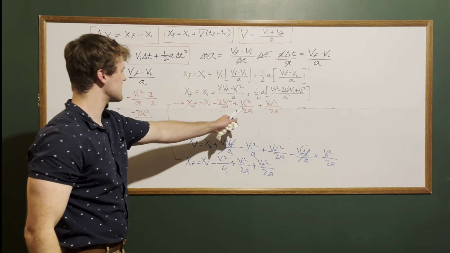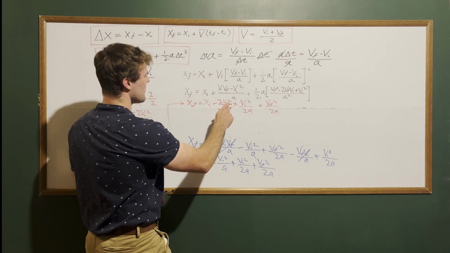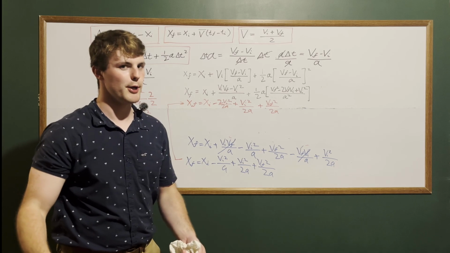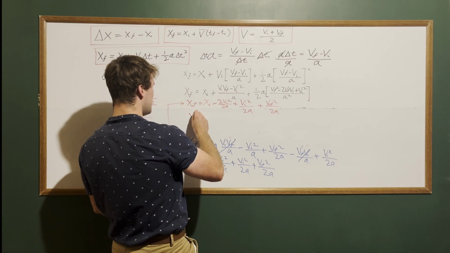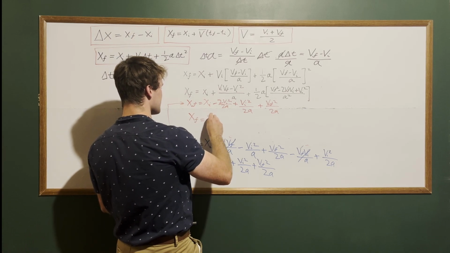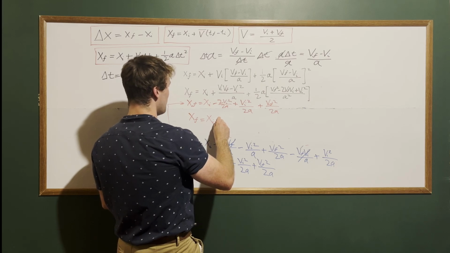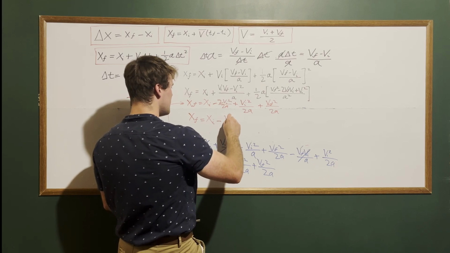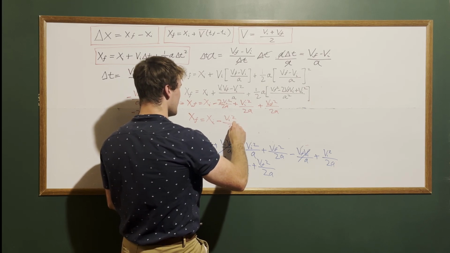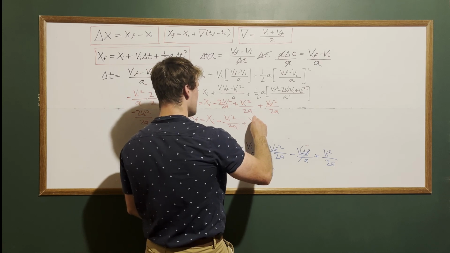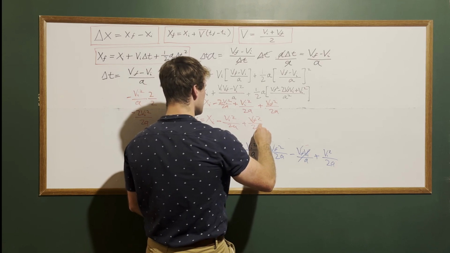Okay, now we can add these two together. Negative 2vi squared plus vi squared is just negative vi squared. Let's rewrite. xf equals xi minus 1 vi squared over 2a plus vf squared over 2a.